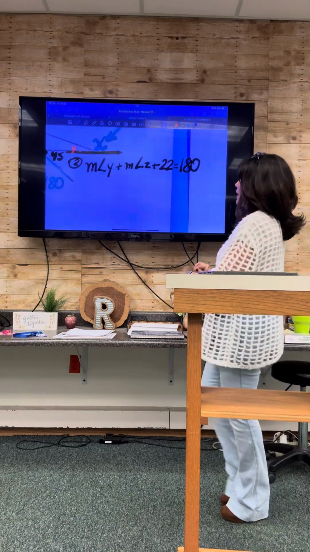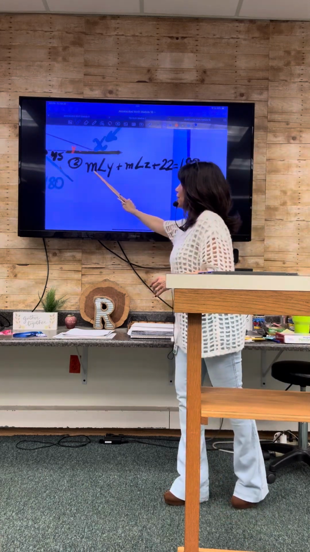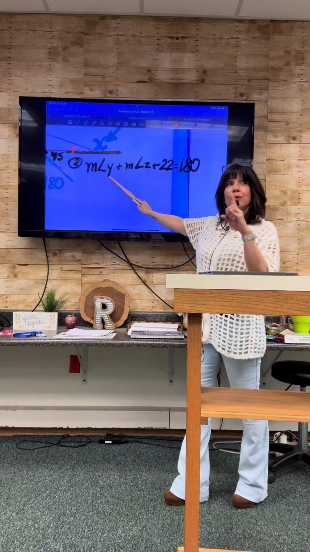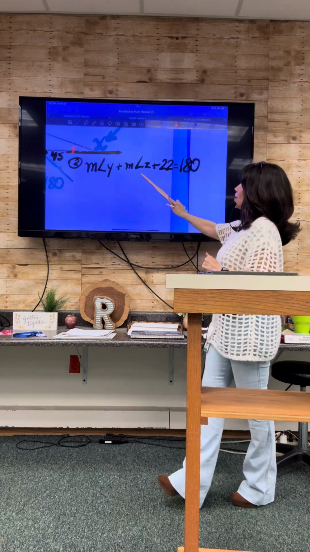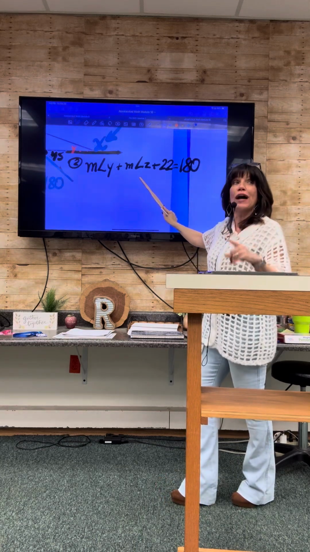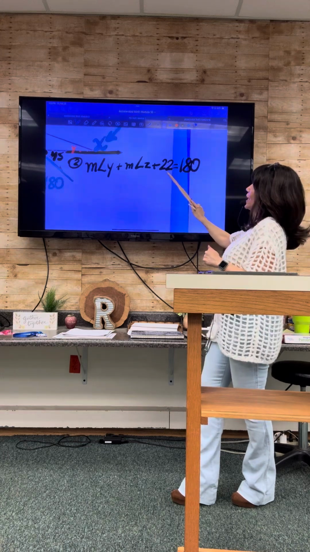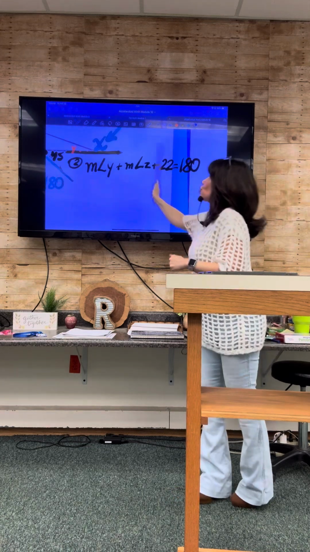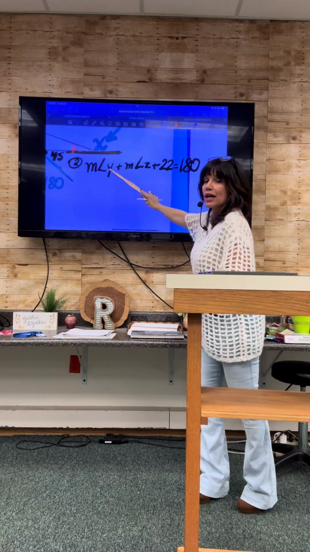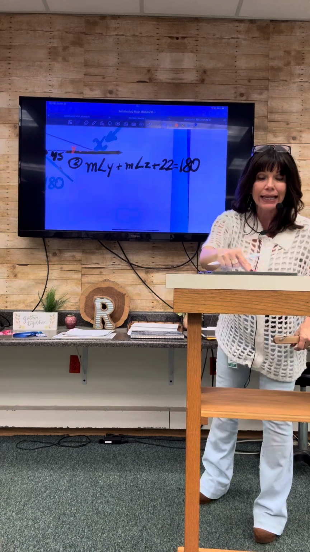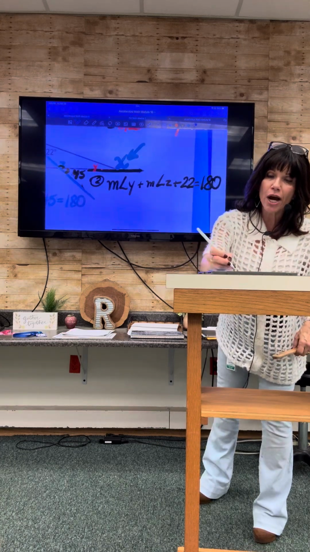This is why in this equation I reminded you: take the measure of angle Y, which you don't yet know, plus the measure of angle Z, which you just found out, plus 22 equaling 180. Solve that to find the measure of angle Y.